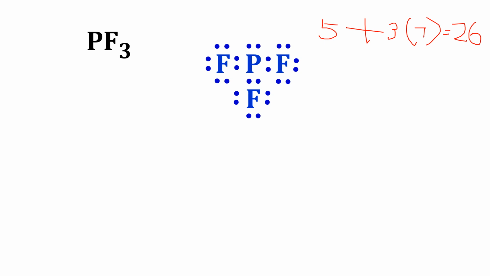Then we can also match this number, in this case, 26. Once it matches the valence electron number that you calculated, you know the structure is correct. And then now you move on.